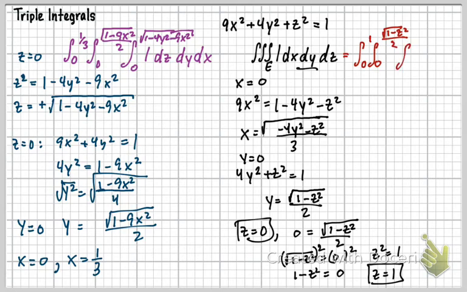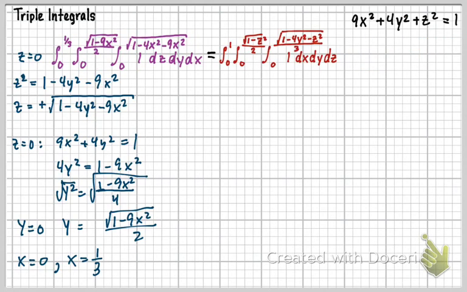And then for my x, the lower bound is 0, and the upper bound is the square root of, that would be here, 1 minus 4y squared minus z squared, all over 3, and then I have a 1 here, dx, dy, dz. So that's my other way to set this one up, and we're going to do one more method.